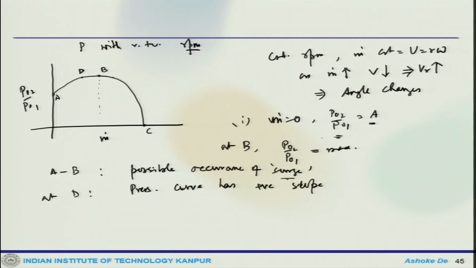Okay. Now, when it is at point D, if the mass flow rate drops, it goes in this direction. So, from D, if m dot decreases, P naught 2 also drops. So, this mass flow rate decrease is accompanied by a fall in the pressure rise.